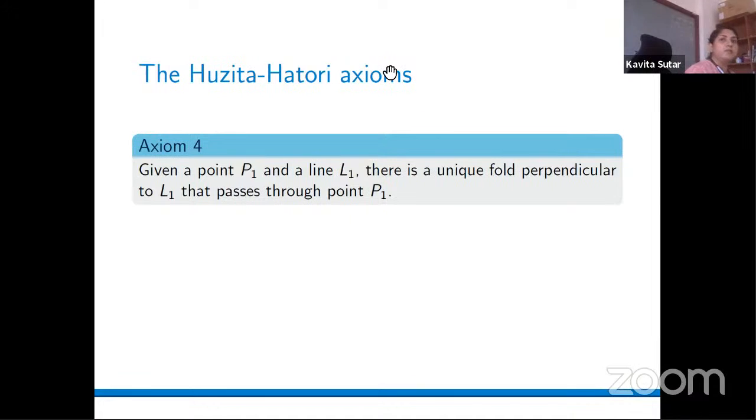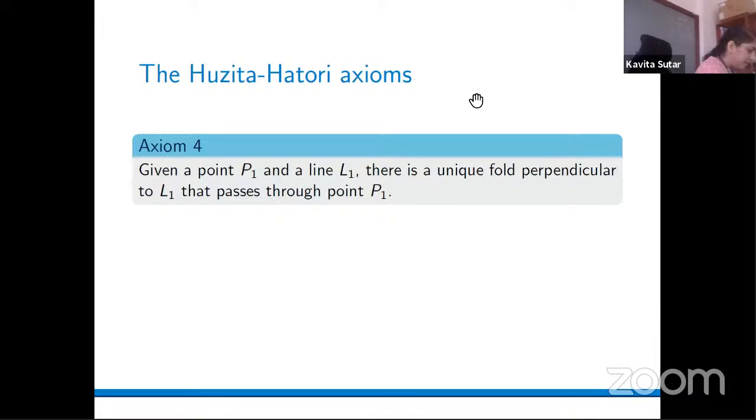Okay, so let me do that. I'm going to be careful. I'm going to make sure that the fold passes through P and the line is placed over itself. Okay, that's my fold. Clearly, this is a unique fold. There would be no other fold that would place the line L1 over itself. So this is the perpendicular from P1 to the line L1, unique.